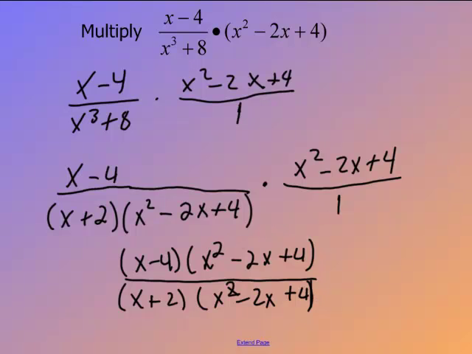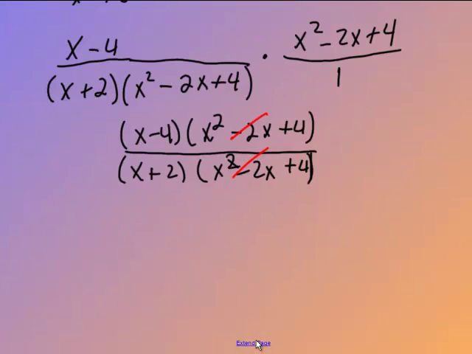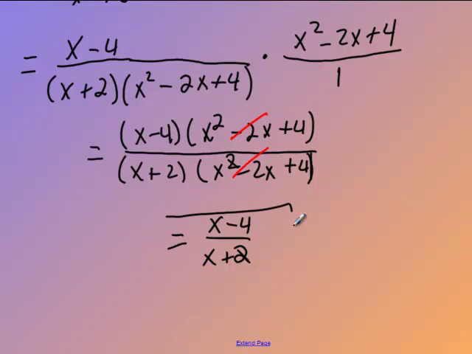And I look at what I have in common, and it's these two trinomials, and they cancel out. So therefore, I'll be left with the x minus 4 over x plus 2. Computer's being a bit slow, so it doesn't keep up with the writing. But anyway, there you have it. And so that's multiplying a rational with a polynomial.